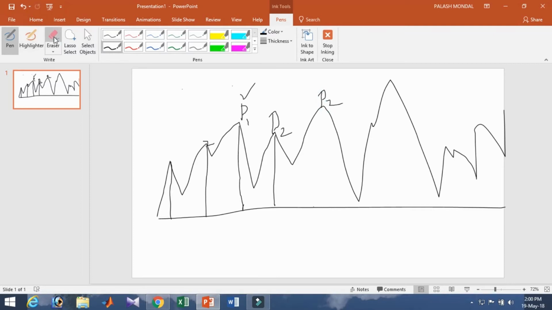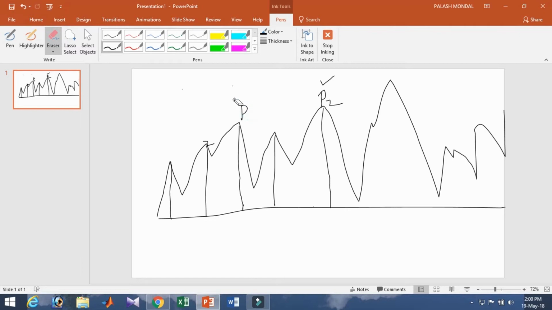Now what will happen in this case? Which mountain is highest, P1 or P2? Obviously P2's mountain is highest. So P2 will communicate with P1 and come to the decision that he is now on the highest mountain. So obviously, to find the highest one, P1 will not stay here.